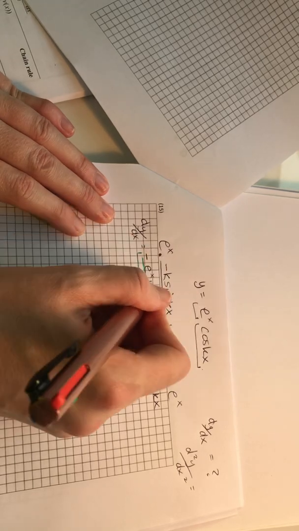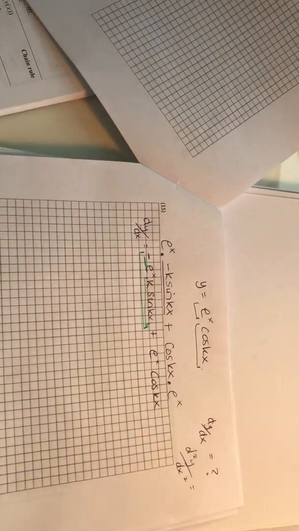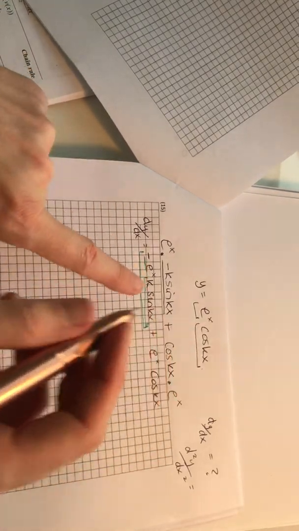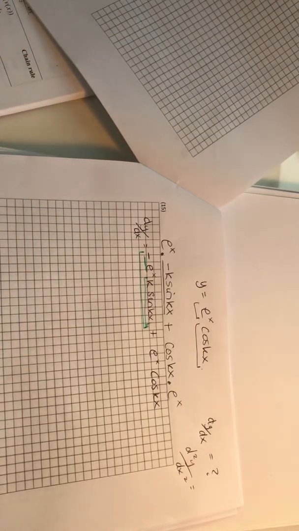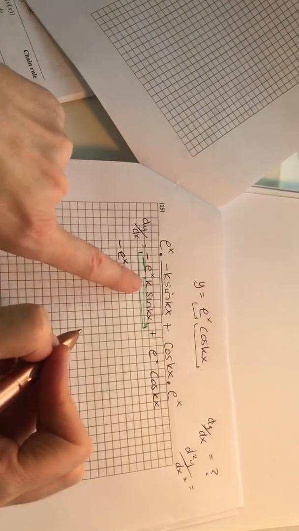So again, product rule, and whatever way you do it, u times dv dx.